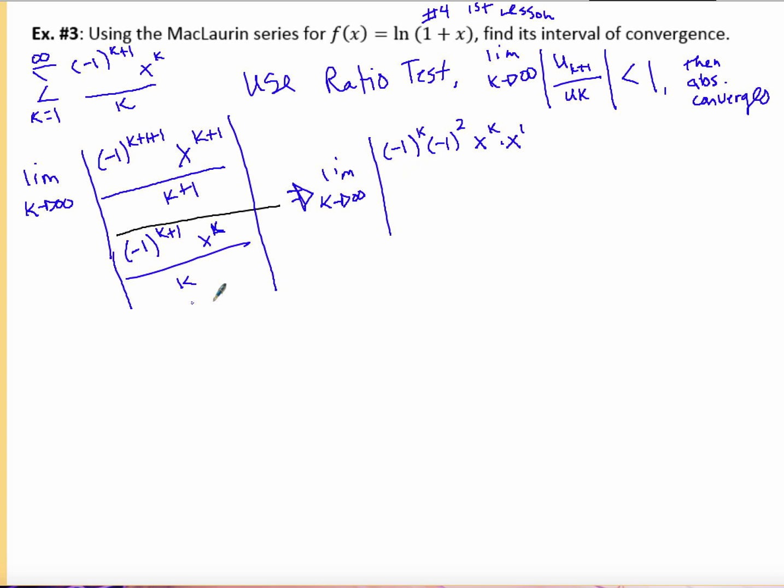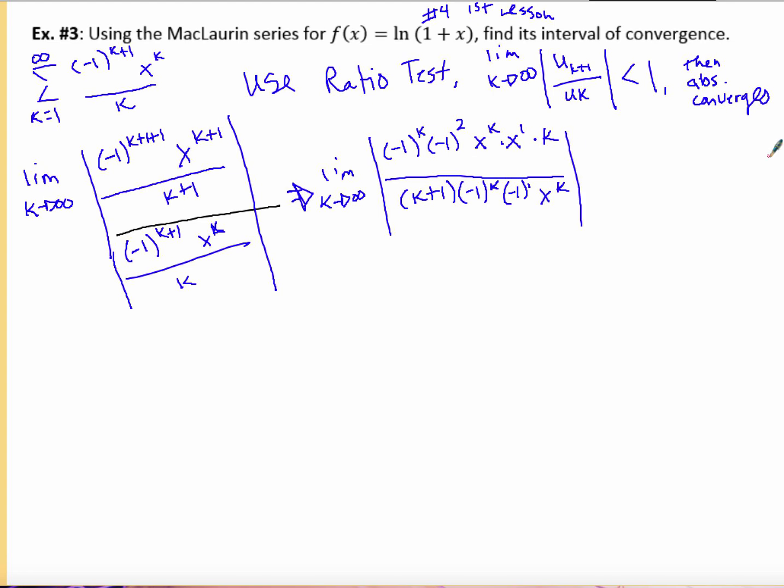And I'm doing this division at the same time, so I'm going to multiply by the reciprocal. That means the k is going to be on top. Down below, these middle pieces are going to multiply together. So I've got k plus 1, negative 1 to the k power and negative 1 to the first power, and then x to the k power.